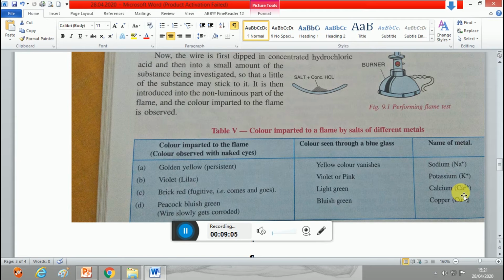Calcium will form a non-persistent brick red color, and copper will produce a bluish green color. However, some other metals are there. For example, barium, though it is not in your syllabus, produces an apple green color, and strontium produces a crimson red color.